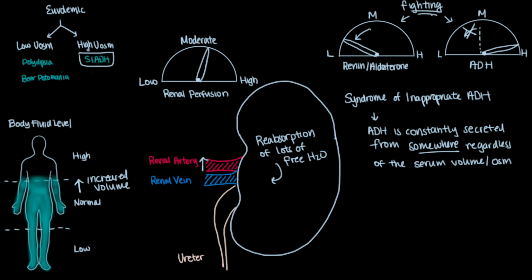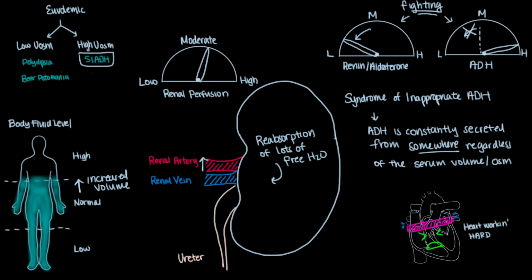RAS is trying to reduce water reabsorption, and ADH is trying to increase water reabsorption. And remember how I mentioned earlier that the heart is working kind of hard now that we're teetering into the hypervolemic state from all the water we're reabsorbing from the constantly active ADH? Well, the heart says basically, okay, enough of this nonsense.